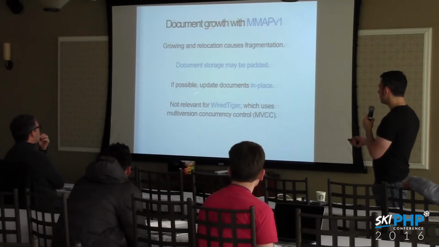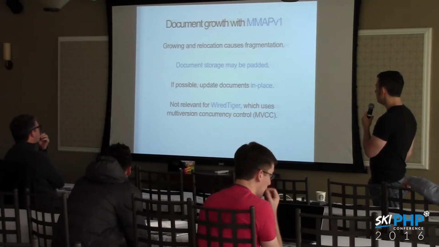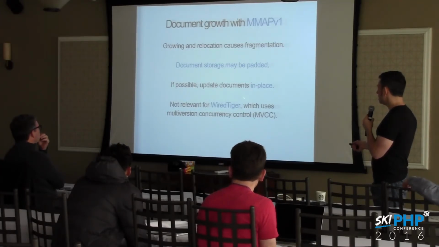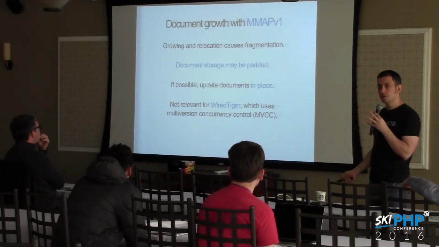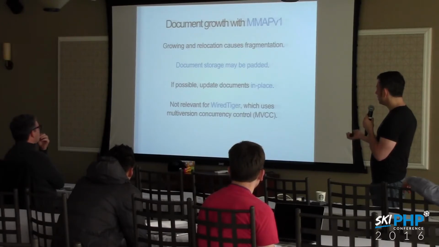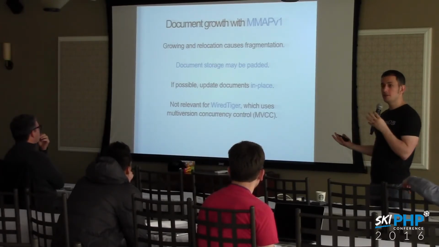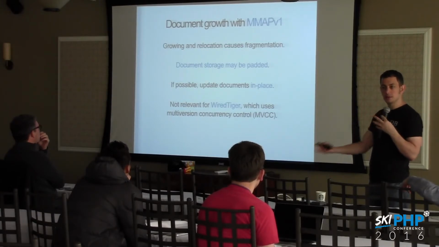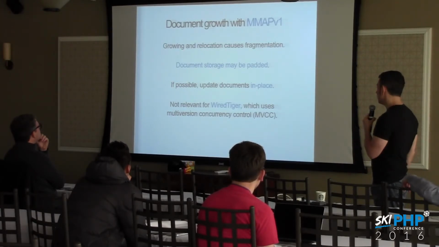The newer version, which is the default storage engine in 3.2 and forward, uses a whole different mechanism for storing things, so the document growth isn't really a problem. The new engine is called WiredTiger. Every time a document gets updated, it creates a new snapshot of it on disk, and it's going to occupy different memory.